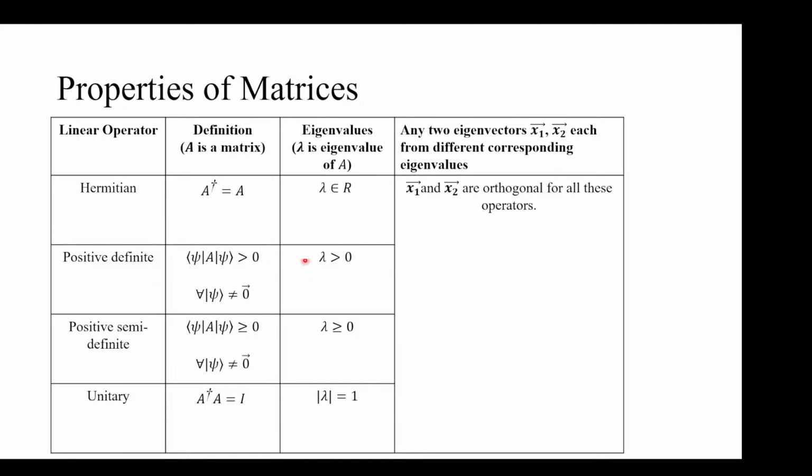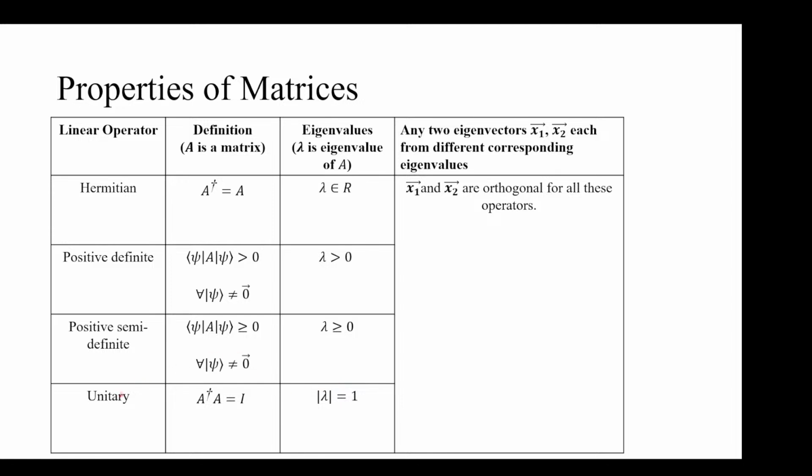You can see it from this, because a positive definite A will always have eigenvalues greater than 0. Similarly, you have positive semi-definite, where bra psi A ket psi is greater than or equal to 0, and you have eigenvalues greater than or equal to 0.